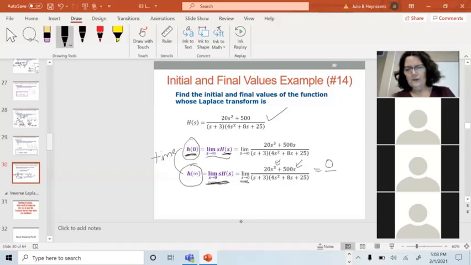I still have to check the denominator because it might be 0 too. And that comes out to be 3 times 25, 75. So this is 0. I'm okay. At time t equals infinity, all the energy has decayed away. Nothing has exploded.